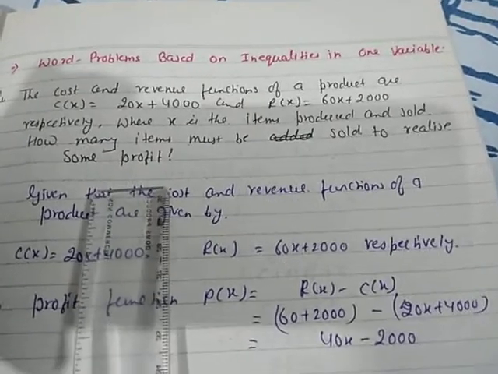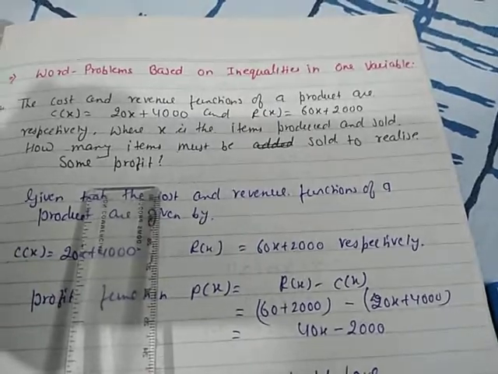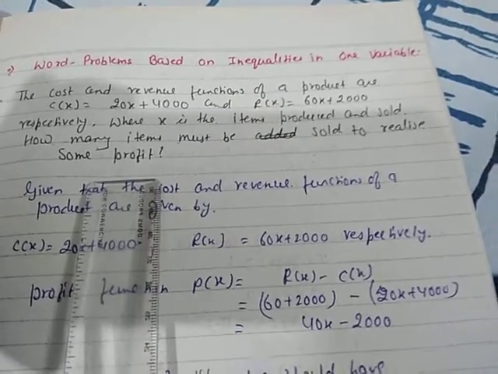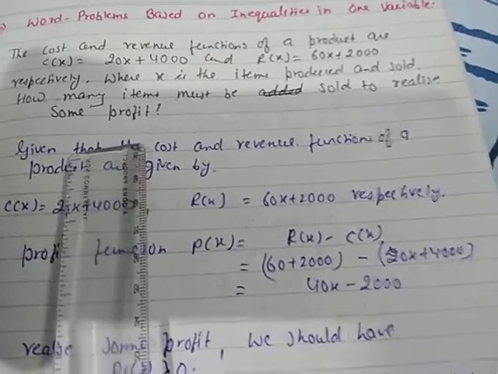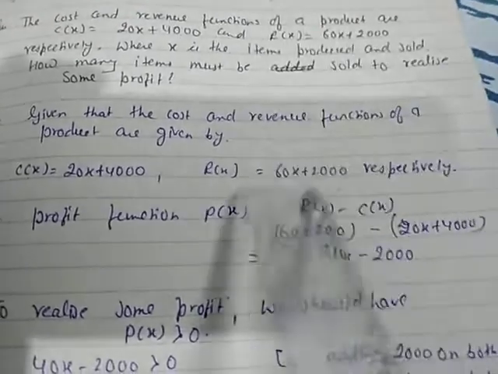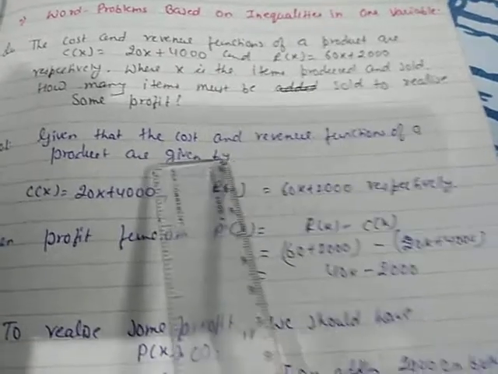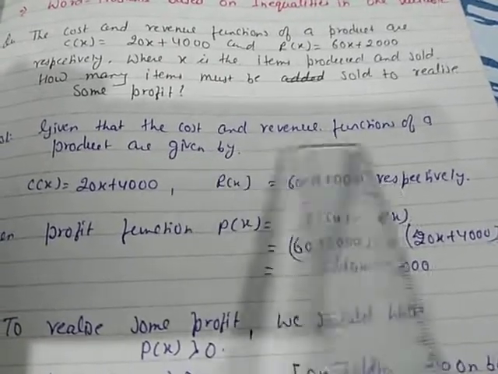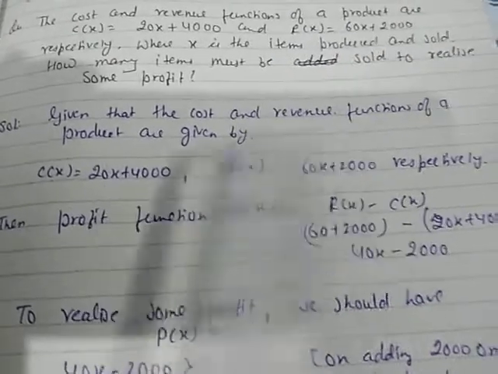Cost function and revenue function are given, and we need to find out the items sold so that we can gain some profit. Since we know that the profit is revenue function minus cost function, given that the cost and revenue function of a product are given by C(x) and R(x).